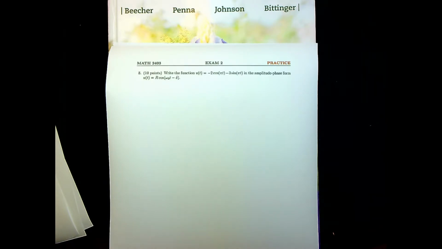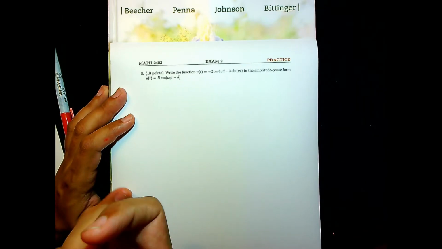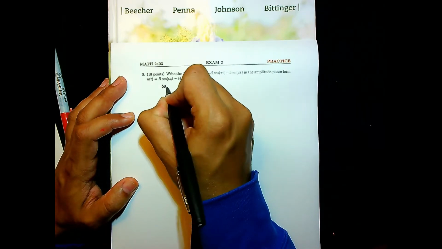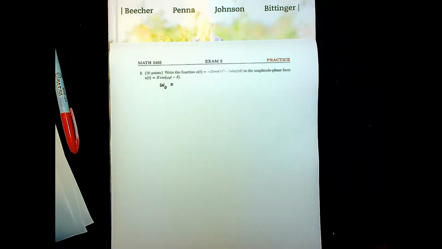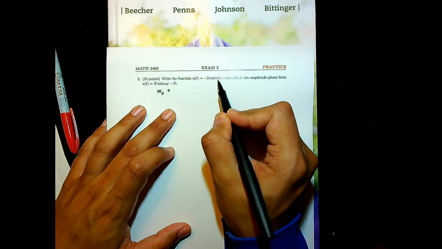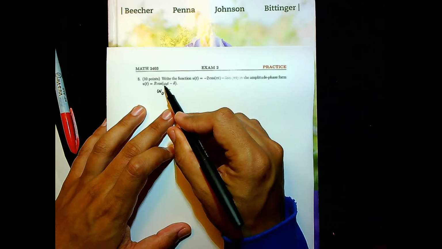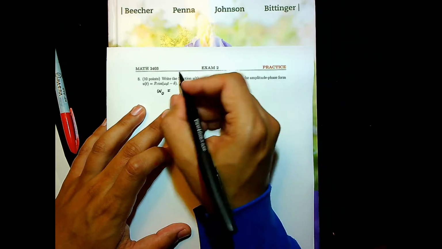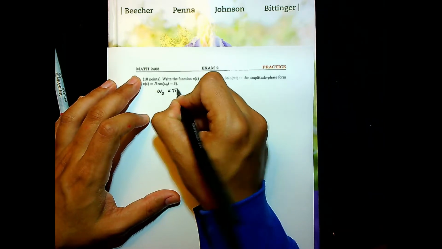Okay, this problem is rather simple as long as you know the formula, right? First of all, the omega naught, we don't really have to do anything for that one because that's just going to be the same as what is in front of the t. Omega naught t, and then you have pi t, so omega naught is just going to be pi.